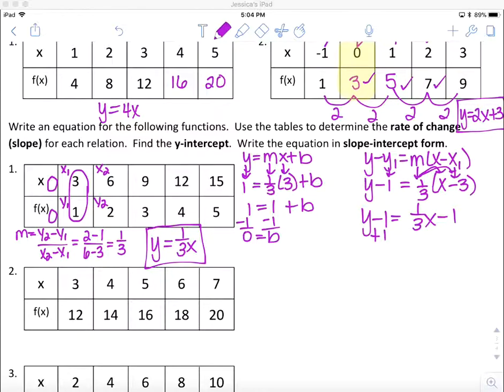My last step is to add the 1 over, and I end up with 1/3 x plus 0, which is the same thing as 1/3 x. You do not have to do all three methods, pattern, slope-intercept, and point-slope. Pick the method that works best for you.